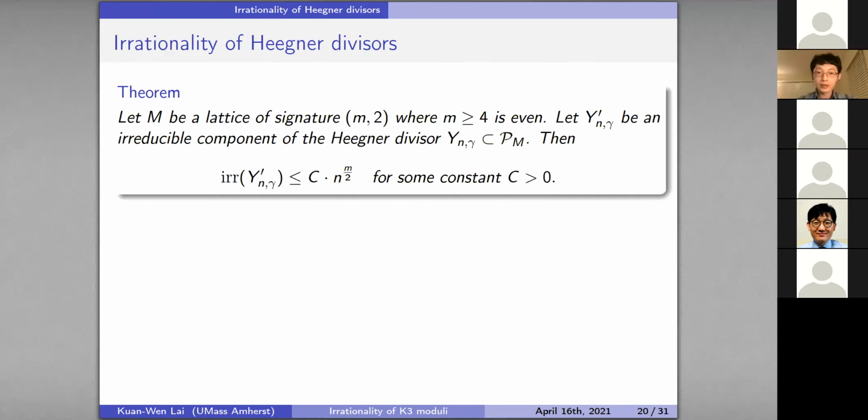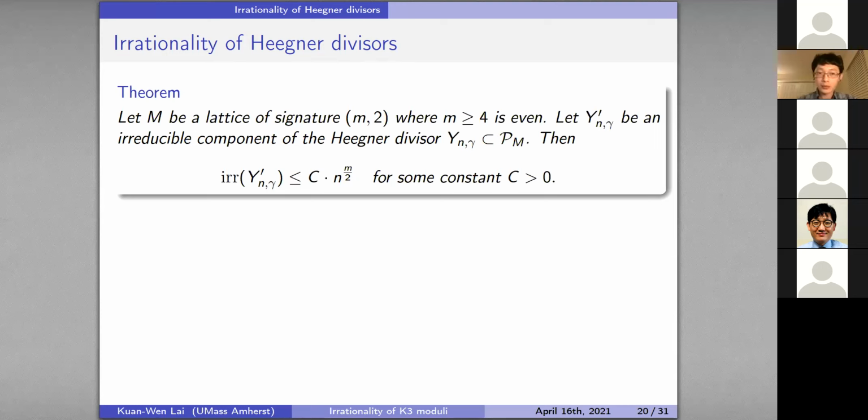Its degree of irrationality will be bounded by some constant c times n to the m over 2. Again, in our case, for special cubic fourfolds, and also for K3 surfaces of degree in the first family, our m is 20, so the power here will be n to the 10, as described in the theorem.